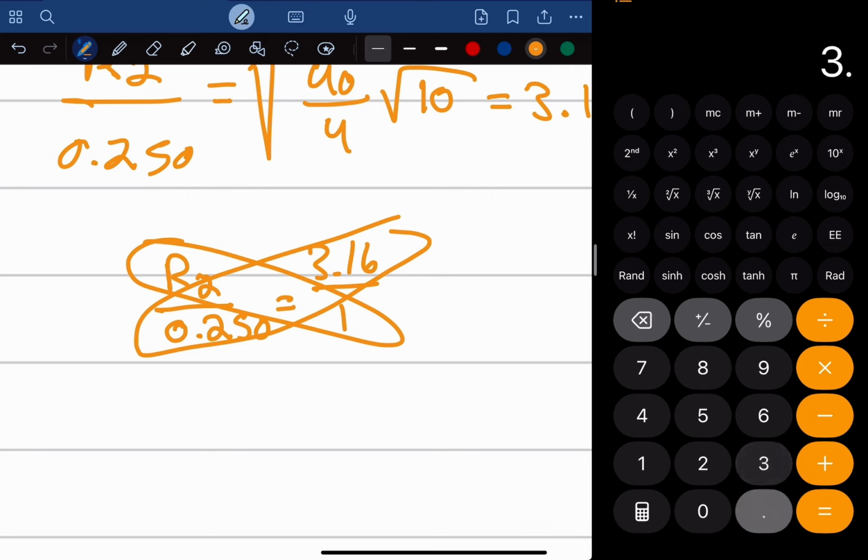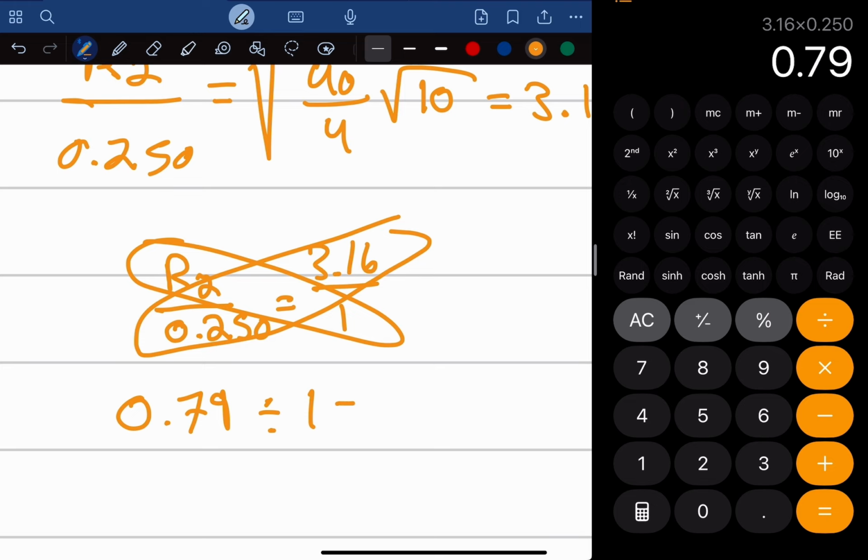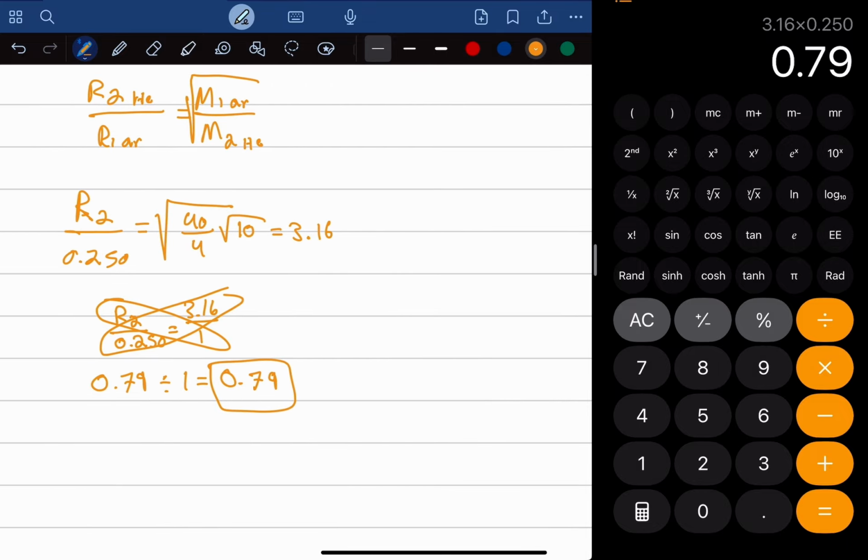I'll just check just in case. Yep, 0.79. And you divide it by 1, which is still 0.79. And so this is the rate of effusion for helium gas.